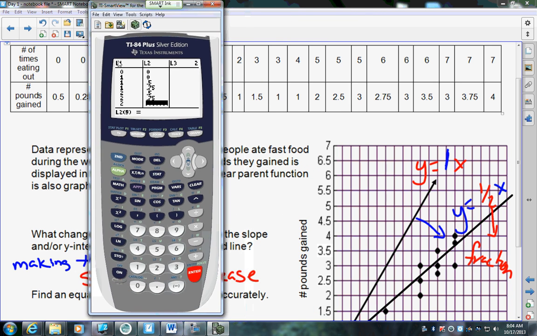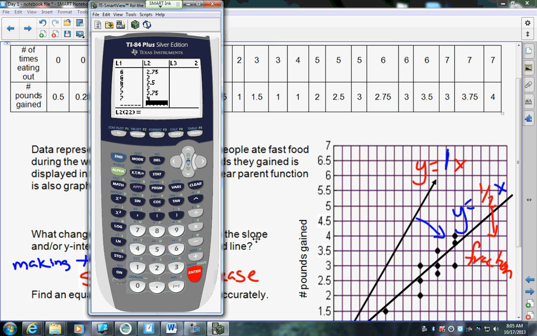Sometimes that's why you'd want to check it off. 1, 1.5, 1, 1, 2, 2.5, 3, 2.5, or 7.5, sorry. 3, 3.5, 3, 3.75, and 4. Ooh, that's a lot of numbers. All right, make sure that they're even, L1 and L2.